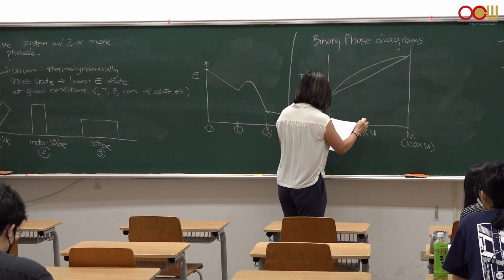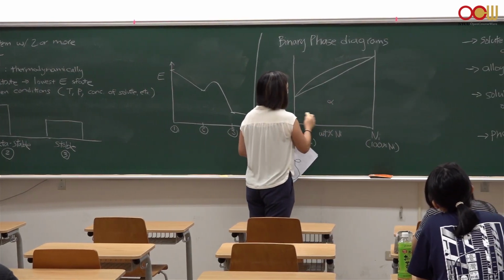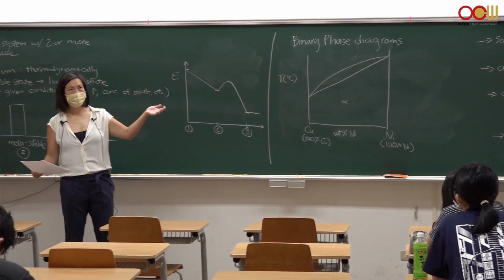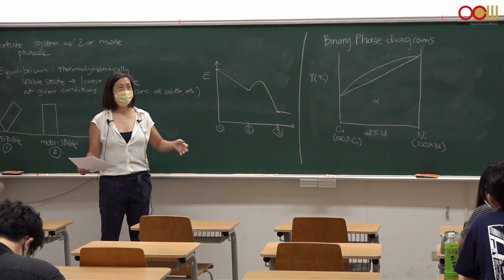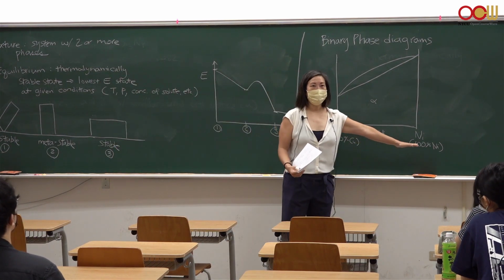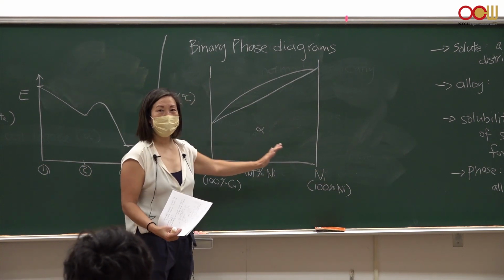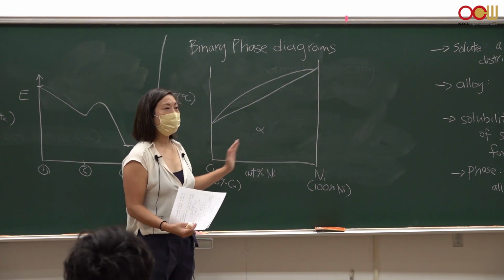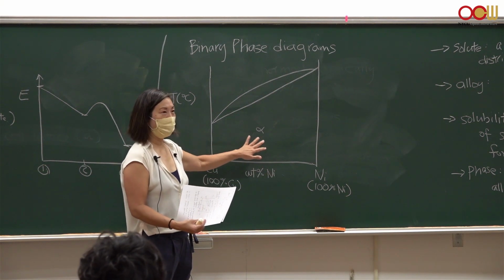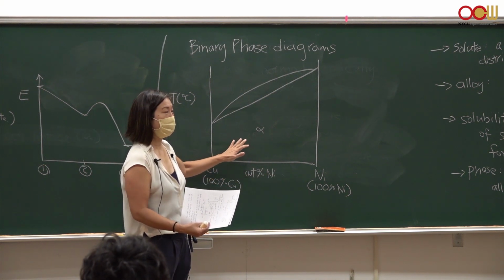So let's call this an alpha phase. I actually don't remember what copper is. I don't remember if it's body-centered cubic, but it has a crystal structure, and nickel has the same, and they can substitute in each other with varying degrees of concentration and still have the exact same crystal structure. So we call that alpha. That's an alpha phase. This is solid.